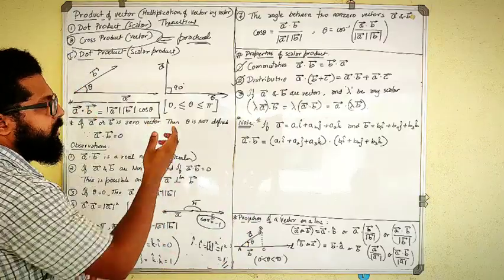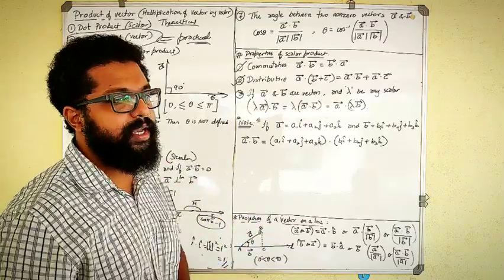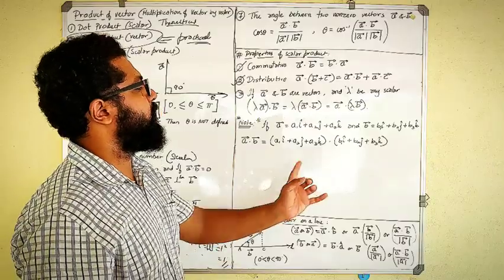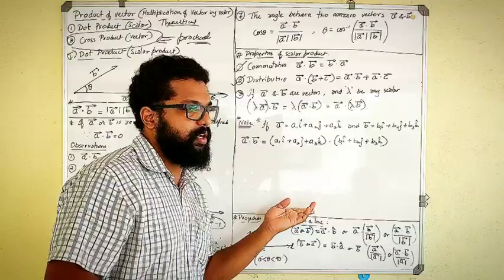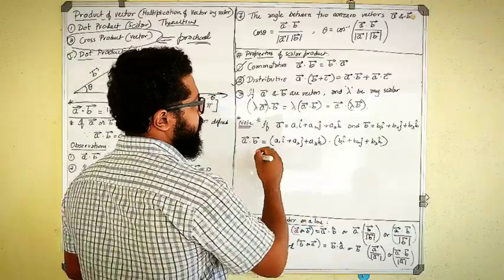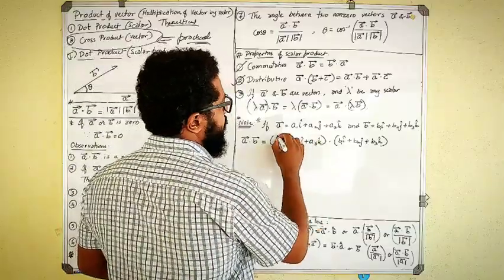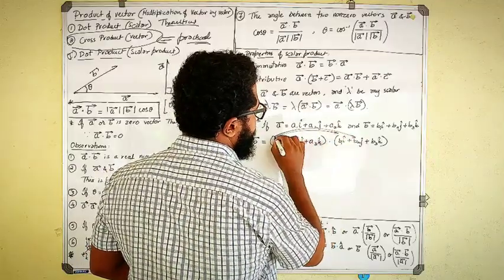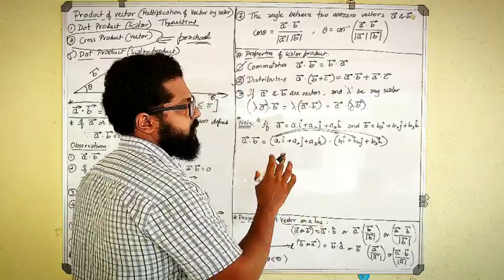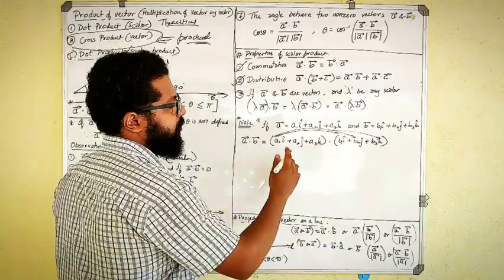So with cos theta, you will be stuck there, you don't know what to do with the angle. So whenever the component form is given, I am going to use this particular final derivation. I'll give you an idea how it is derived. I'll not derive the full thing, so that you can derive it fully. And I want you all to derive this in detail once you look into this video.